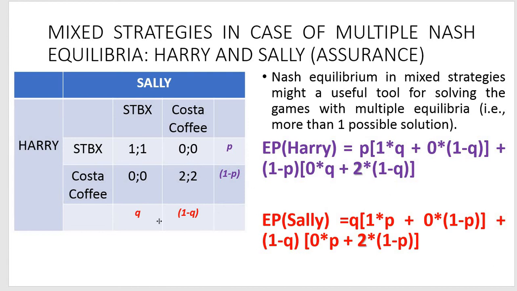She definitely prefers Costa Coffee, but Harry would like to have her expected payoff from Costa Coffee equal to the expected payoff of going to Starbucks, and since this one yields lower payoff, it should be assigned a higher probability, just to have those expected payoffs equal.